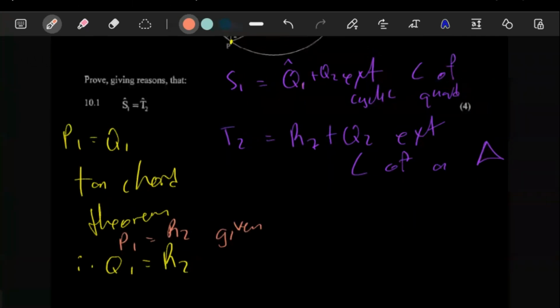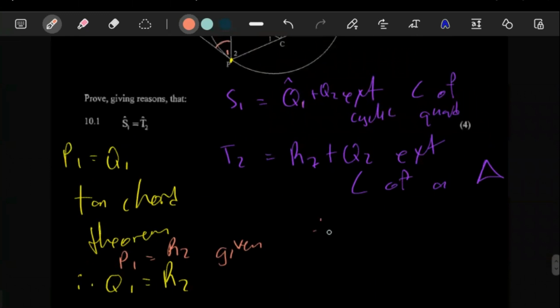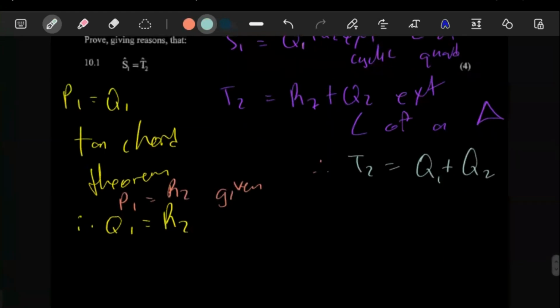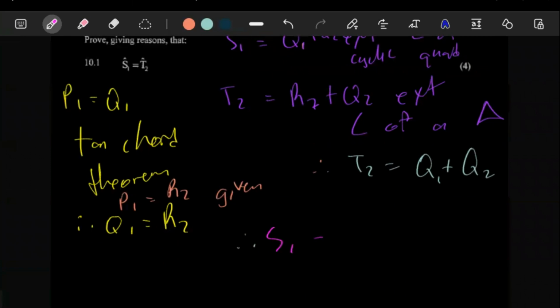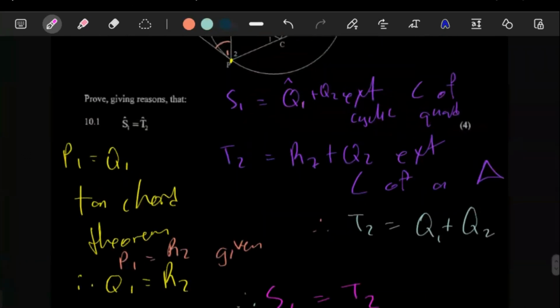So that's a conclusion. So from here you can then write, therefore, T2 is equal to, where you see R2 here, you can just put Q1 plus, and then here you can put Q2. So here you can say, therefore, S1 is equal to T2 because they are both equal to Q1 plus Q2. There we go.